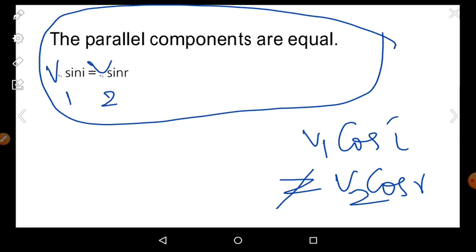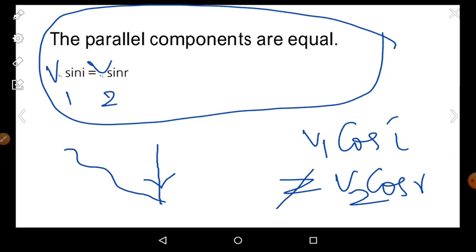Snell discovered that when a light particle is traveling in a medium, in any material, it experiences a force. A force is applied on the light particle which moves the particle in the perpendicular direction of the surface. So a perpendicular force is acting on it.